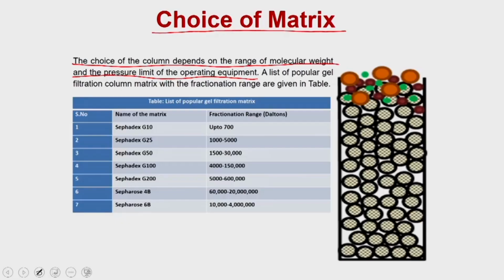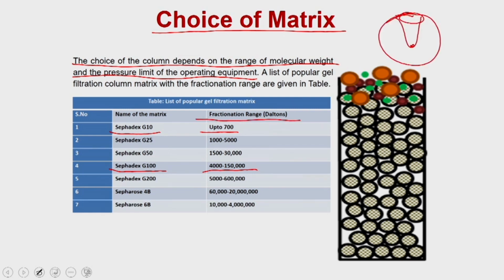For example, if you use Sephadex G10, the G10 is a matrix which can fractionate from small molecules up to 700 Dalton, whereas in the case of Sephadex G100, you can see that it can resolve from 4 kDa to 150 kDa. So, what is meant by the fractionation range?